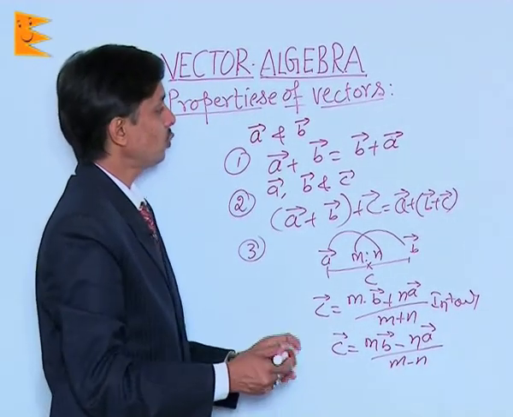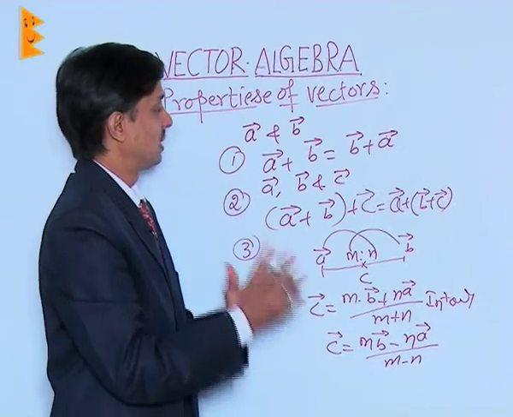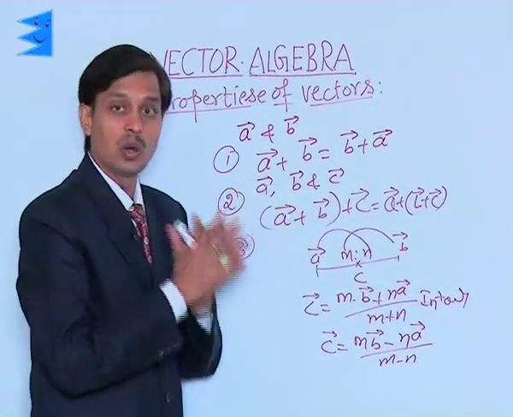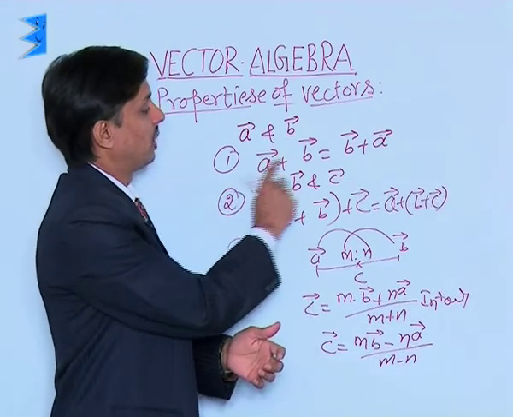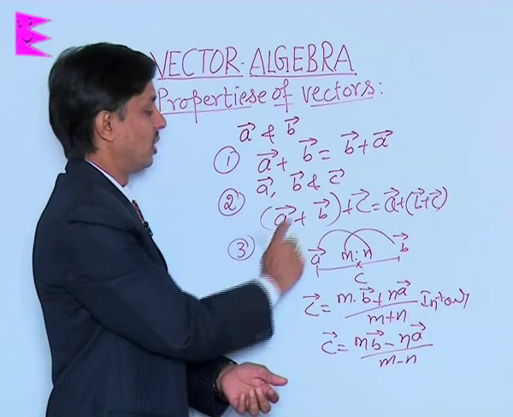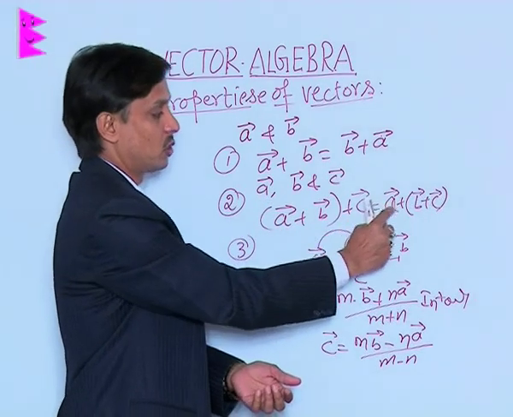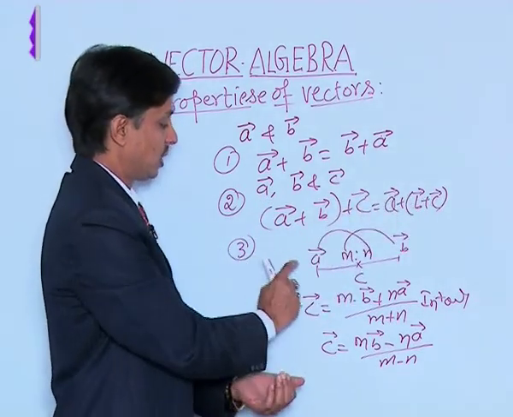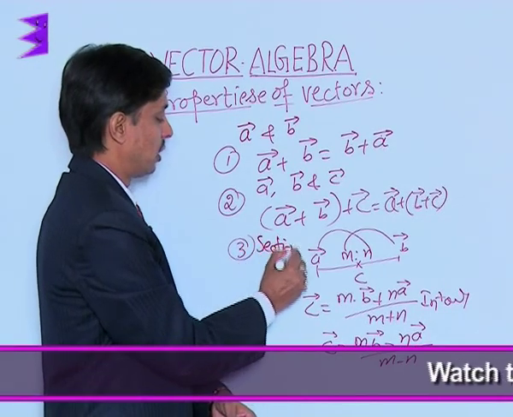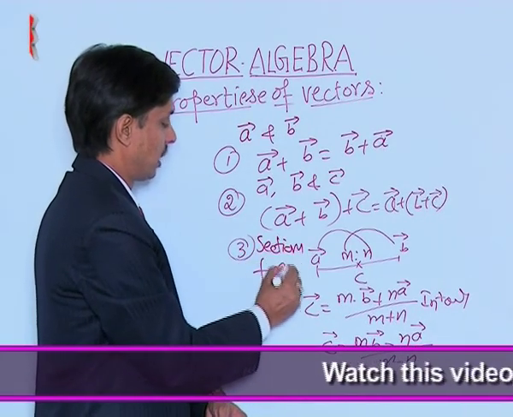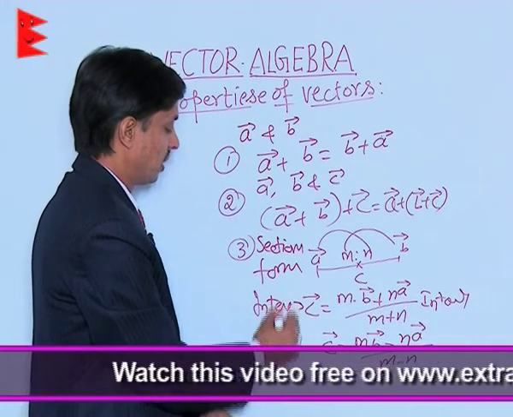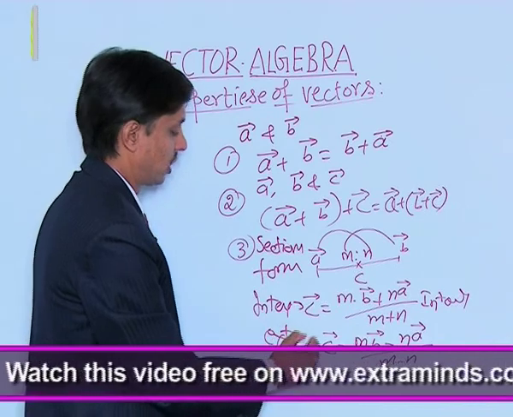So we should remember, as and when two vectors are there, the order of addition doesn't make any difference. A plus B is equal to B plus A, the commutative property. If there are three, then A plus B plus C is equal to A plus B plus C. This is the section formula, the third result. The first one is internal and the second is external.